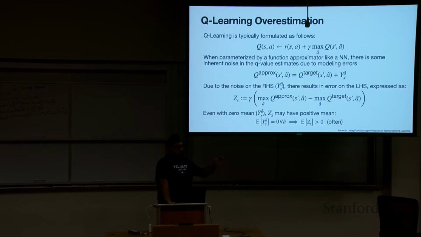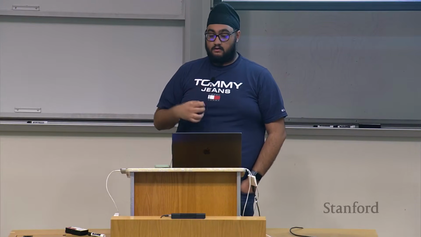I think the main concern actually just comes from modeling errors, because in some cases you might overestimate your Q value on the right, and once you do multiple rounds of dynamic programming, this error will propagate through your entire state space and compound essentially. Let me clarify a little bit. What I mean here by an error or overestimation is actually in the Q function and not in the actions that were taken.